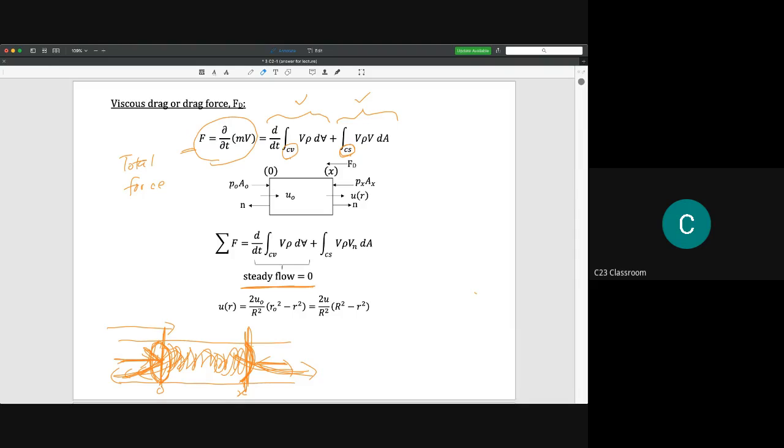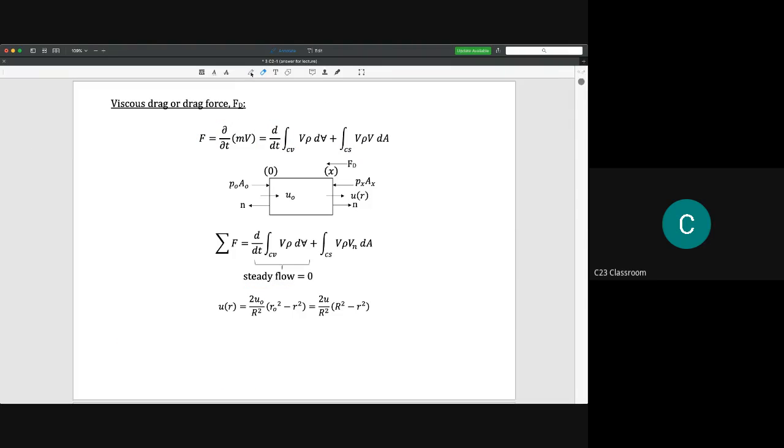About this equation, you need to remember this one. You have force, or it can be d/dt of mv. Some textbooks will write it as mass times dv/dt, because mass can be fixed, since m dv/dt gives you F equals m times a.